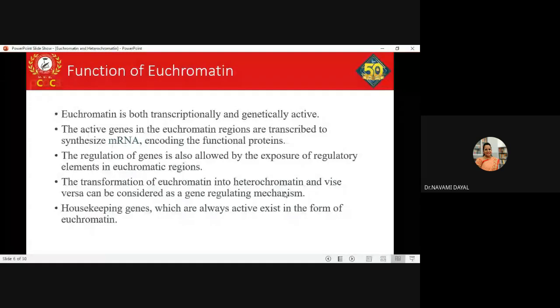When the histone modification is such that it facilitates condensation, it gives rise to heterochromatin. So this transformation from heterochromatin to euchromatin and vice versa is possible, and it is all about the gene regulating mechanism.